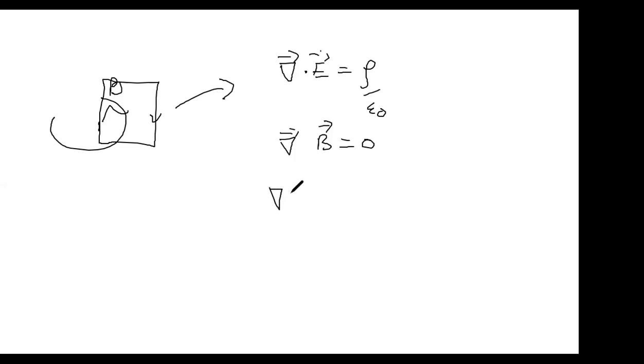The curl of the electric field is minus the time derivative of the magnetic field. That is Faraday's law. And Ampere's law, as corrected by Maxwell, is this.